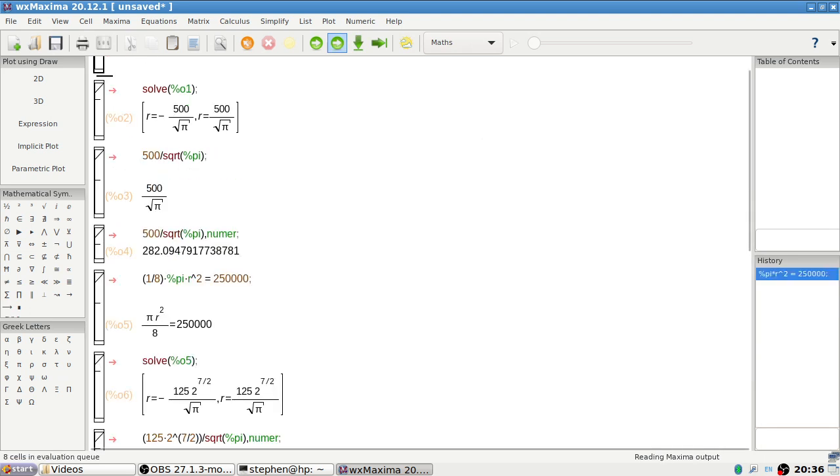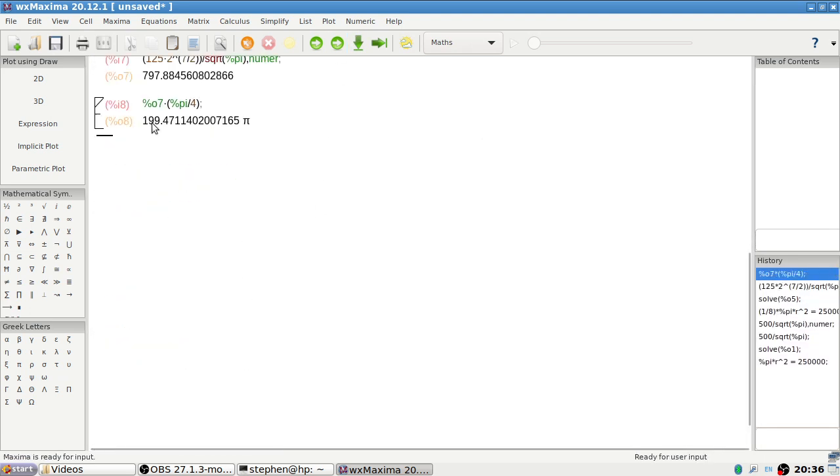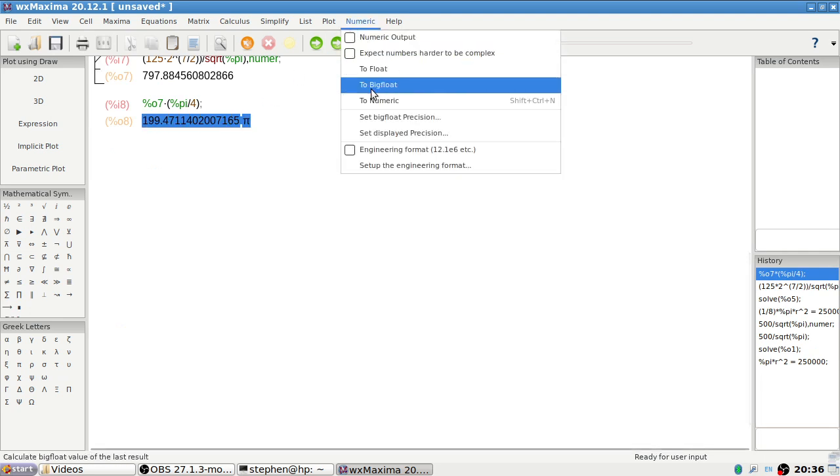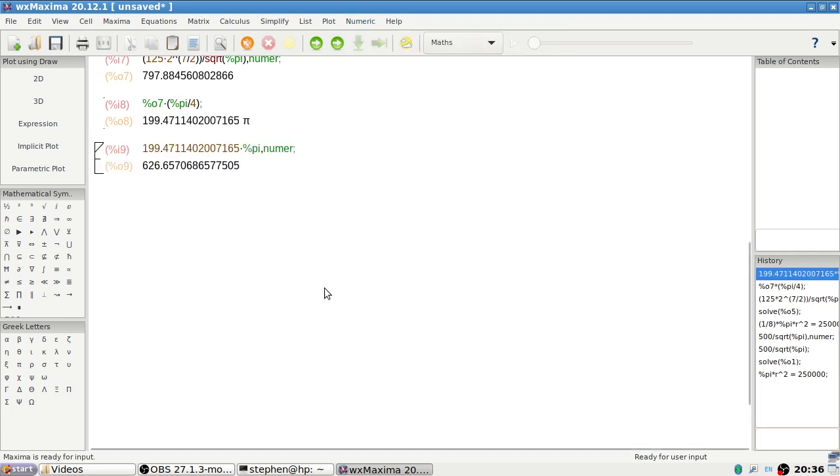So if I calculate that, about 200 pi, and let's get that to numeric, about 627 meters. Okay, I think that's okay.